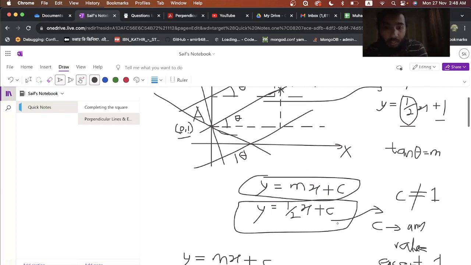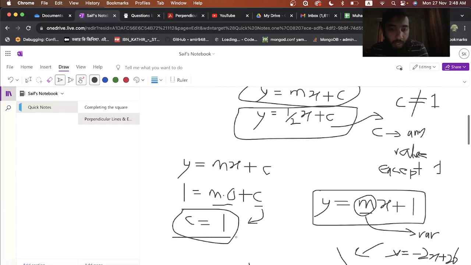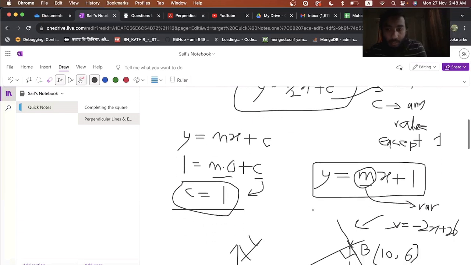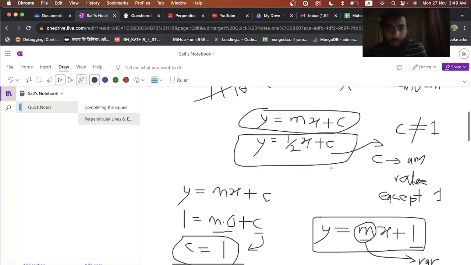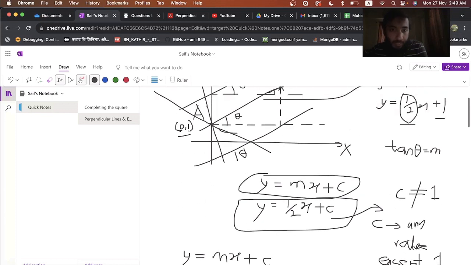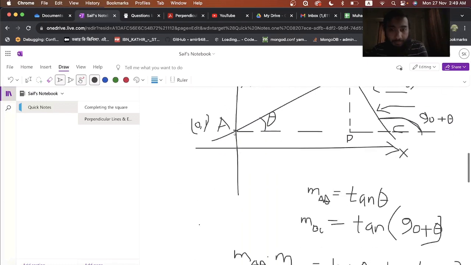I found the value of the constant and used it here, and m, the slope, was a variable because it can be any straight line that goes through the point A.